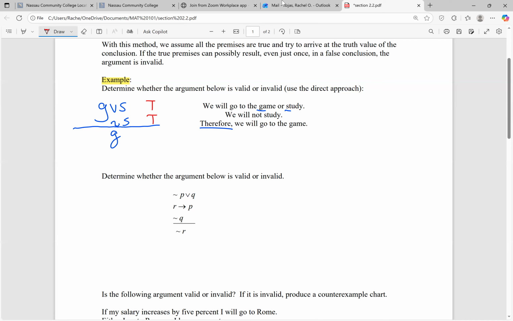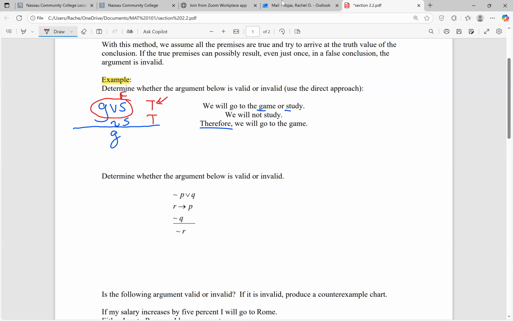Now we want to figure out what G and S are in terms of their truth values, based on the fact that these two premises are true. If the second premise is true, that means not S is true, which means that S must be false. So if S is false and it's in the statement G or S, and we're assuming it's true, what's the only way an or statement could be true if one side of it is already false?